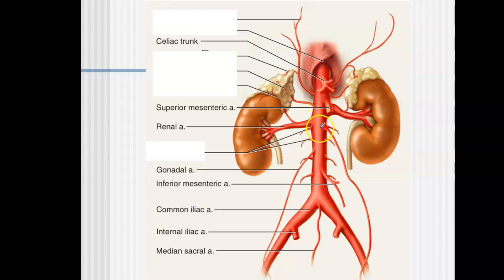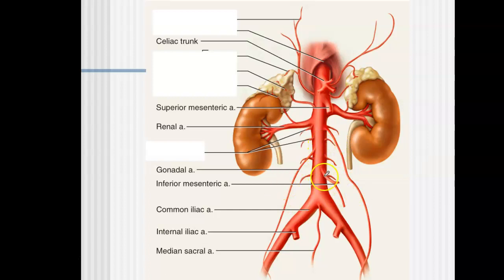As I travel down, and I'm coming still the abdominal aorta, there's going to be the renal and renal on the right, renal on the left. Both of those come after the superior mesenteric. And as we come down, these smaller ones are gonadal. So the gonadal arteries are those that are either going to the ovary, or they're going to the testicle.